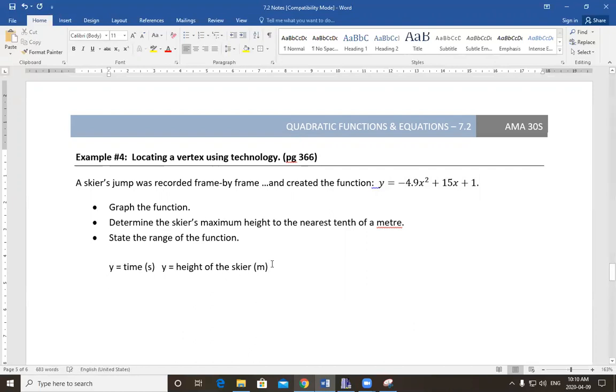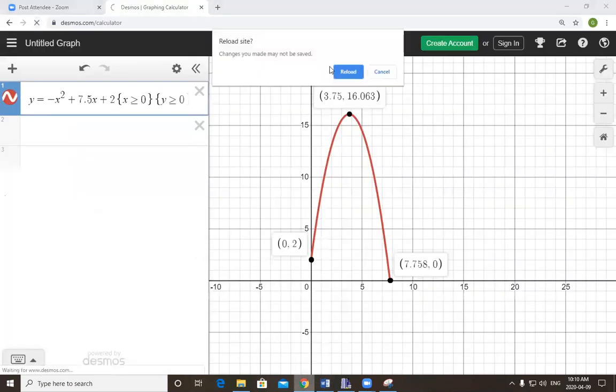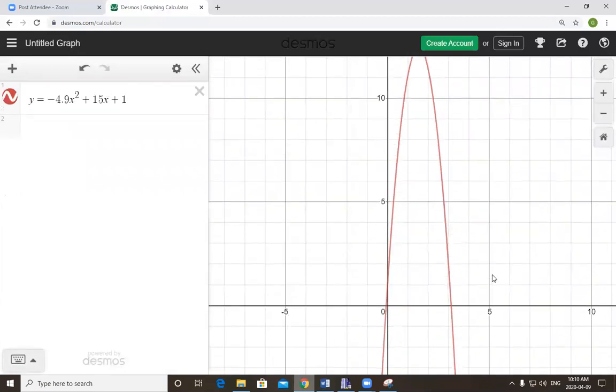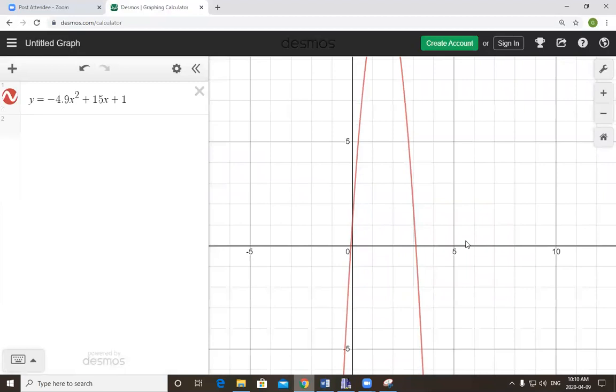Okay, so no surprise. First thing we should do is get this graph. So we'll go over and plug this into Desmos. So reset Desmos. I don't like how squished this is. When we want to scale the graph, obviously the restriction is quadrant 1, so x isn't going to go past 3.1.